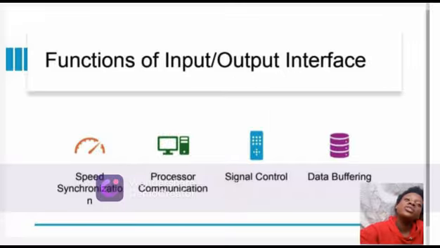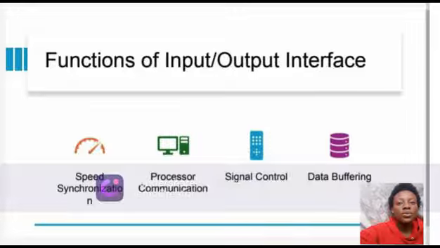So we have the functions of the input output interface. One, we have speed synchronization. This interface ensures that the CPU operating speed is synchronized with the input output devices. This prevents data loss due to speed mismatch. Two, we have processor communication. This interface accepts and decodes commands from the processor.